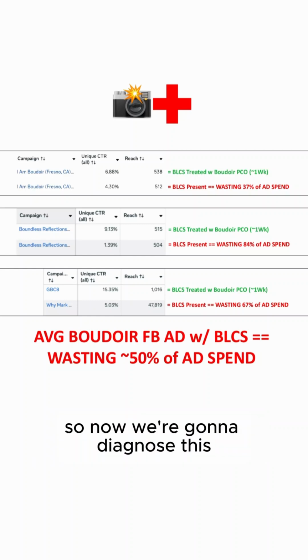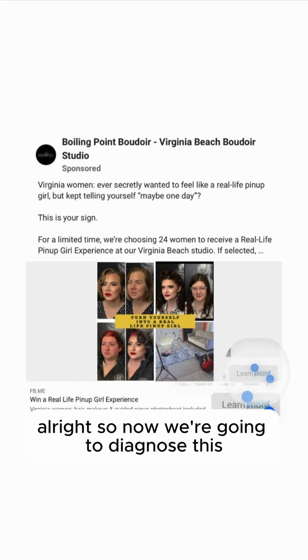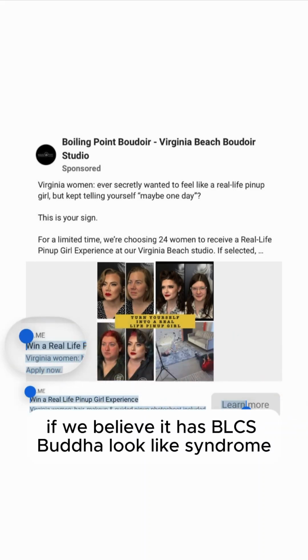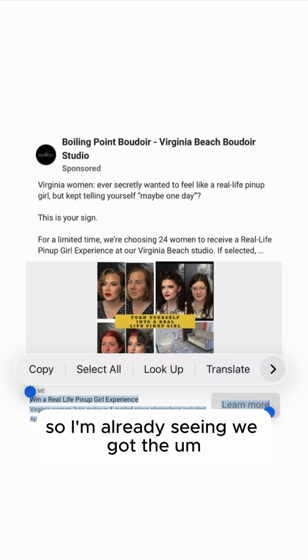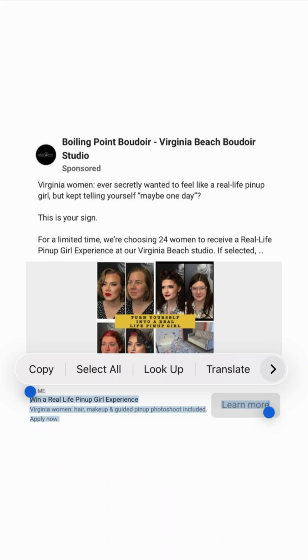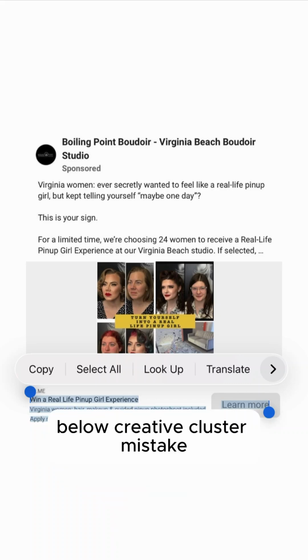So now we're going to diagnose this. Do we believe it has BLCS, Boudoir low-click syndrome, yes or no? Unique CTR above or below 6%. So I'm already seeing we got the below creative cluster mistake.